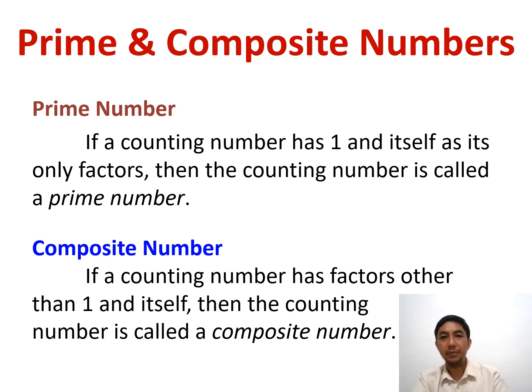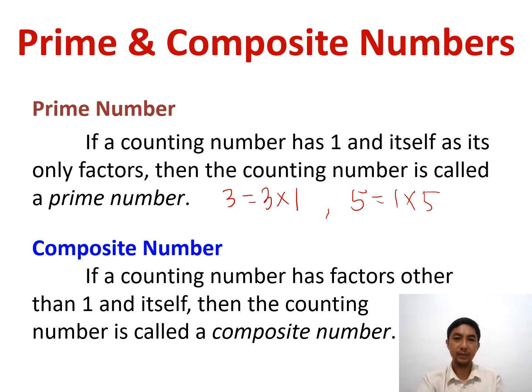So for example, in the prime number, we can say 3 is a prime number because the factors of 3 are 3 and 1, meaning 1 and itself. Okay? No other factors. Another example is, say, 5, because 5 is 1 times 5. No other factors.